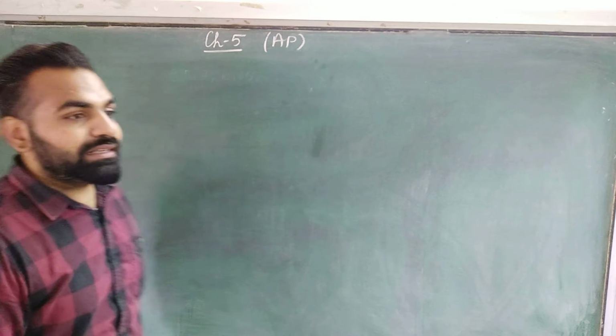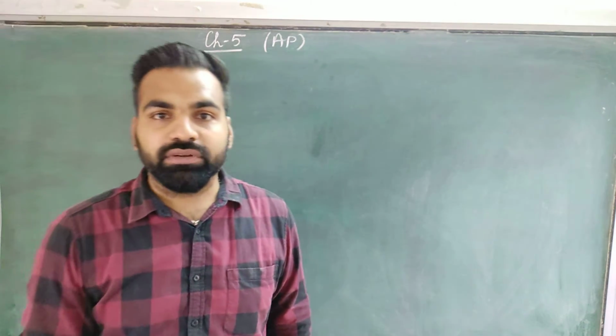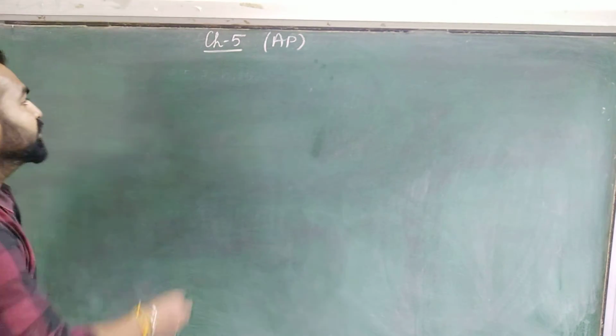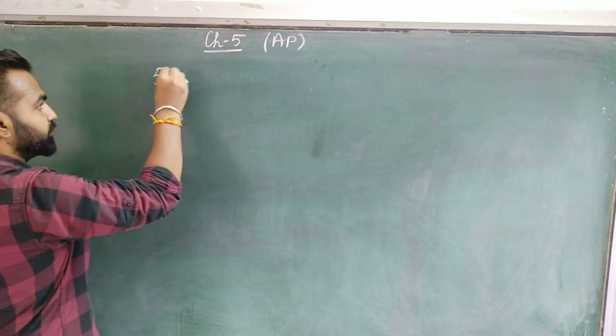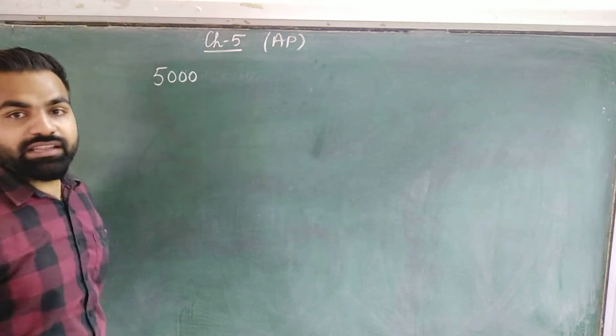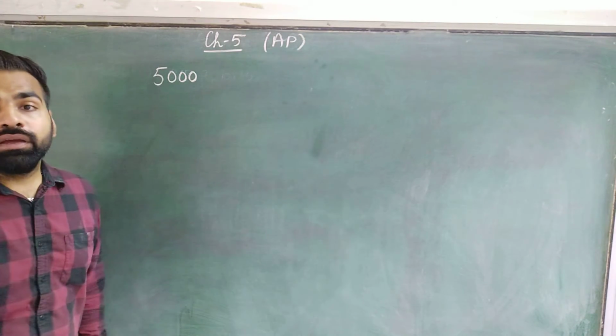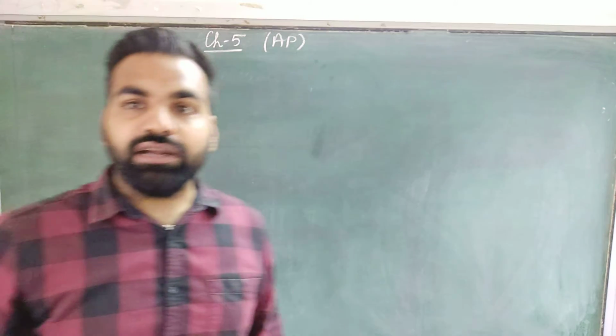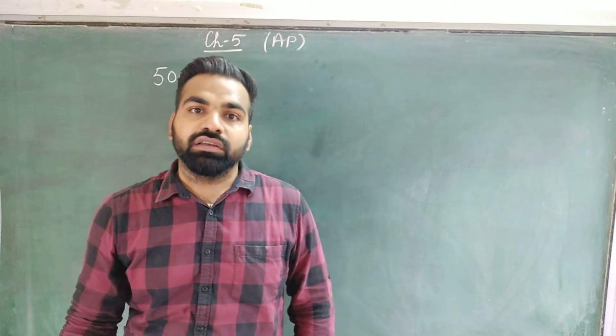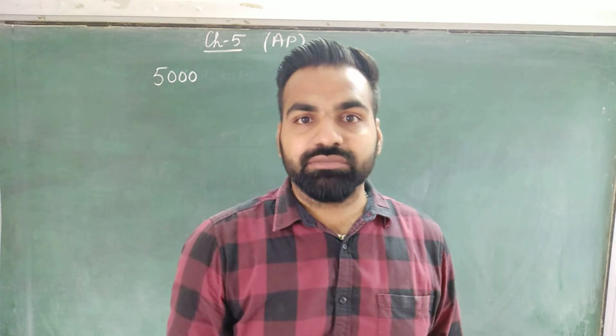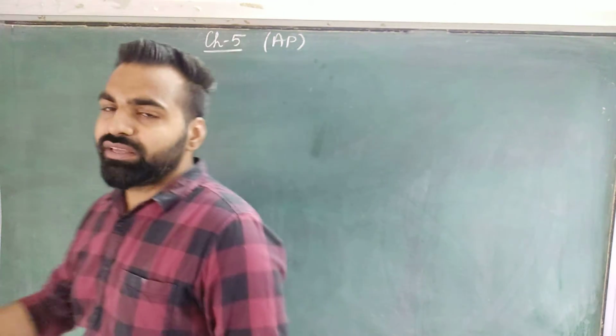For example, a person starts a job at some place at rupees 5,000 per month. This is his salary in the first year of the job, and it is in the agreement that after each year his salary will be increased by rupees 500.